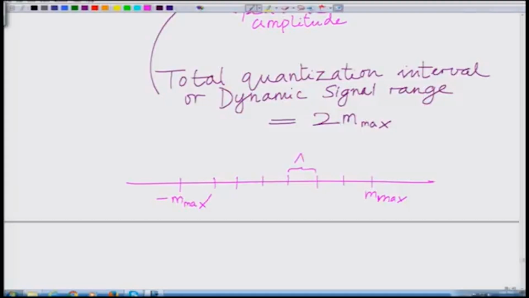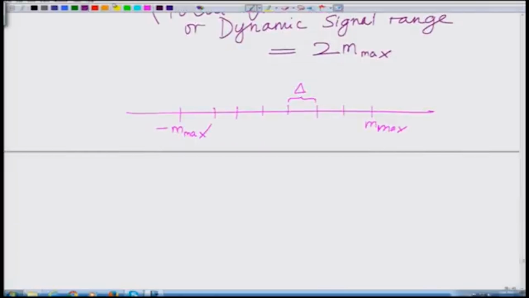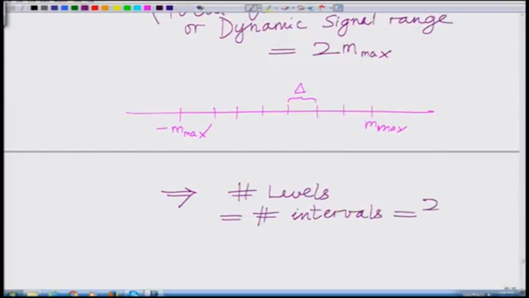This is your step size. So, naturally, this implies that the number of quantization levels equals number of intervals equals 2m max divided by delta.